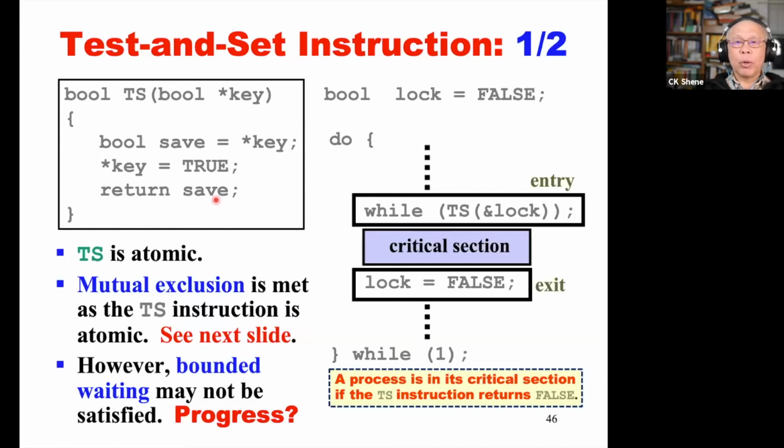I was bored. I picked up the Principles of Operation of the System 370 and scanned through. I found this instruction. I thought this instruction looks quite interesting. Why such an easy thing? Take the value, return it, and replace the old value by true.